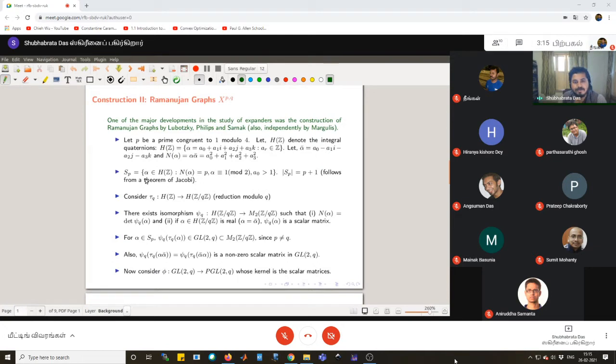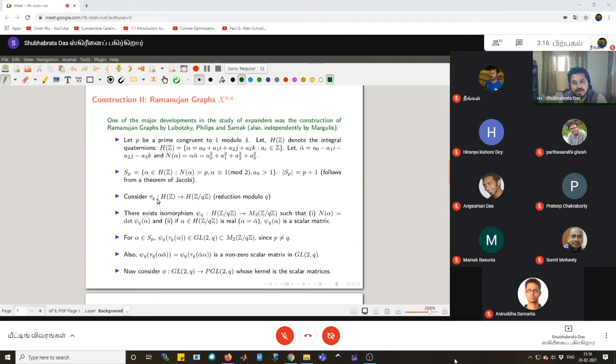Anyway, now we consider the integral quaternions Hz, and we consider the reduction modulo Q for another prime. Sorry, I think I have missed that choice here.